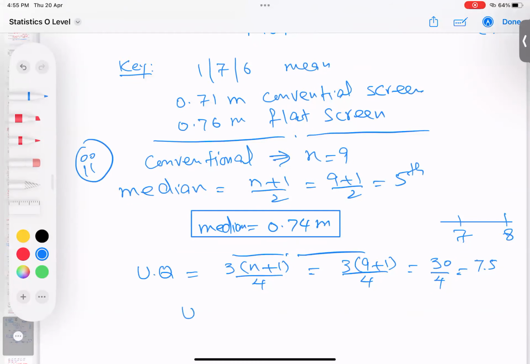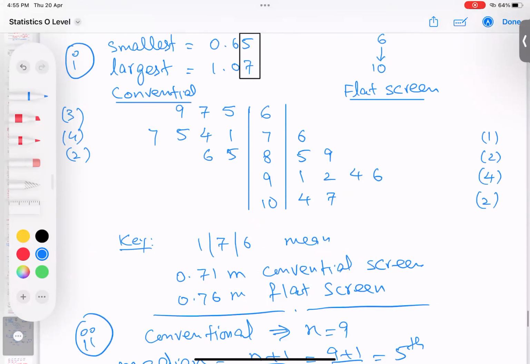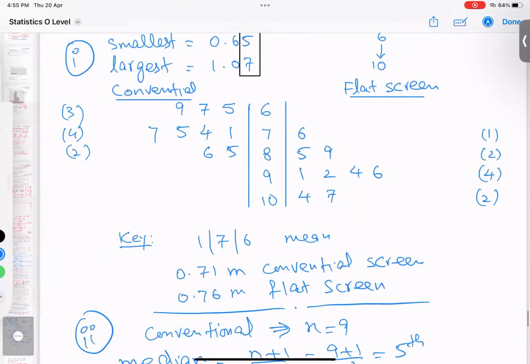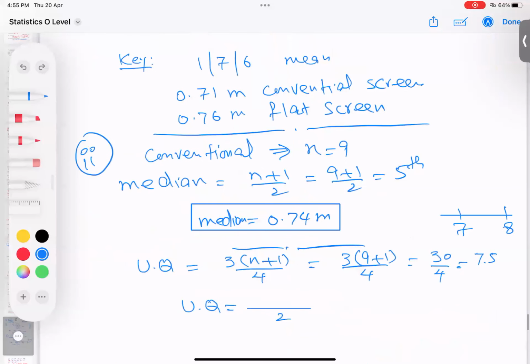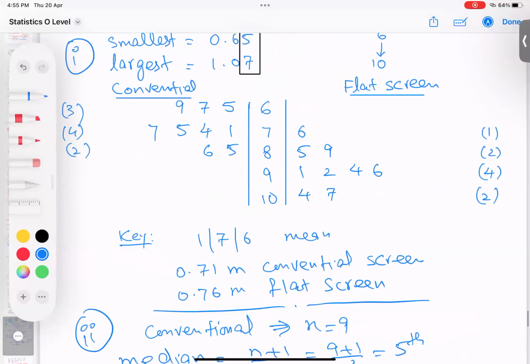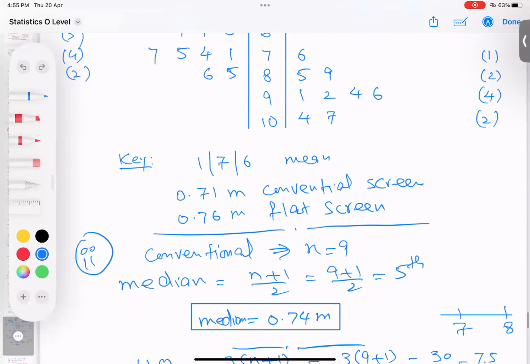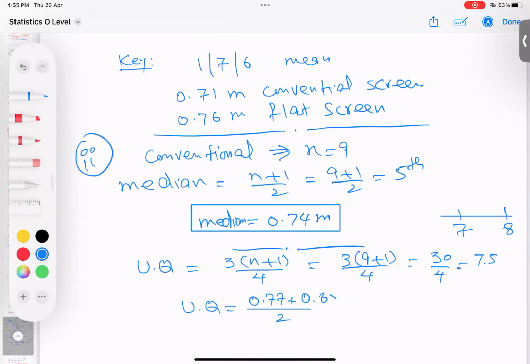For the upper quartile, I find two values and take the average. I'm looking for the seventh and eighth term. So 0.77 plus 0.85. And I believe you are understanding very well what is going on.